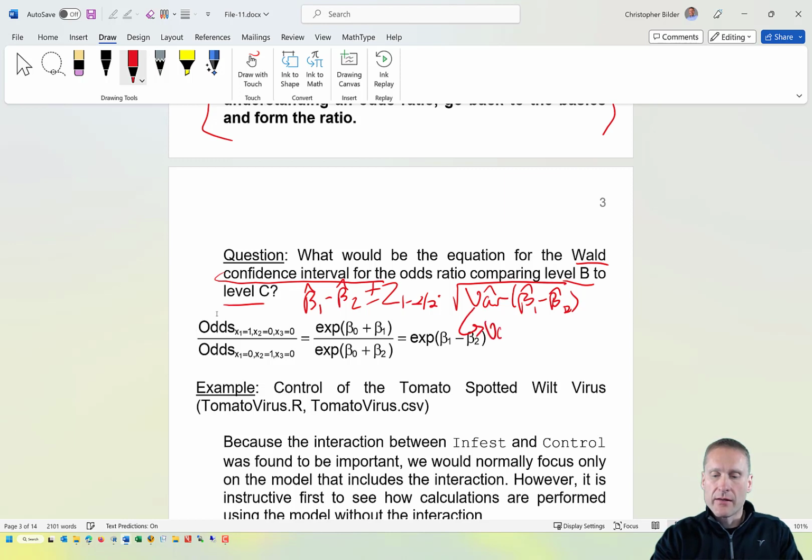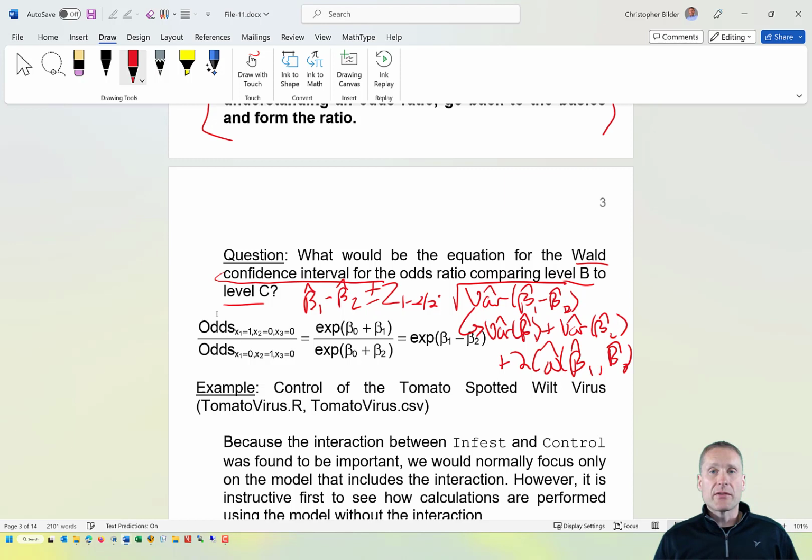Well, see, the estimated variance of beta hat 1, get that from the covariance matrix, plus the estimated variance of beta hat 2, plus 2 times the estimated covariance of beta hat 1 and beta hat 2. Again, get those items from the estimated covariance matrix.